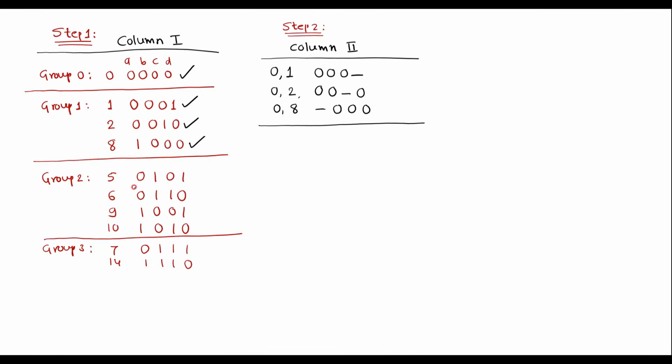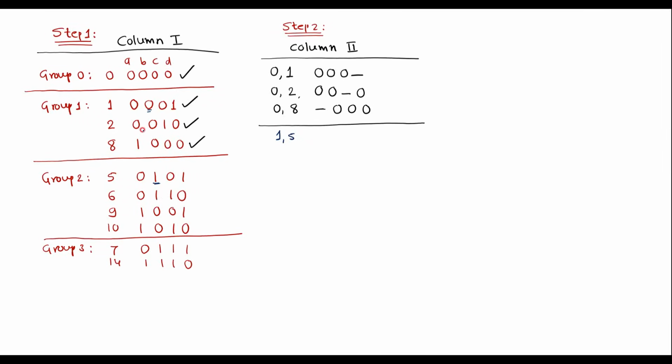So 1 and 5 differ by 1 bit. The differing bit is this one, where here we have 1 and here it is 0. So I can represent these two as a group, that is 1 and 5.